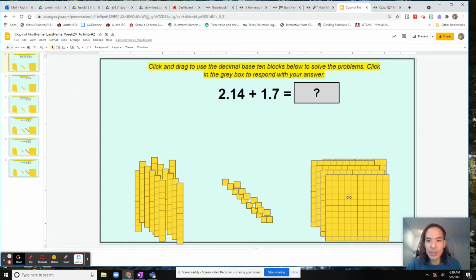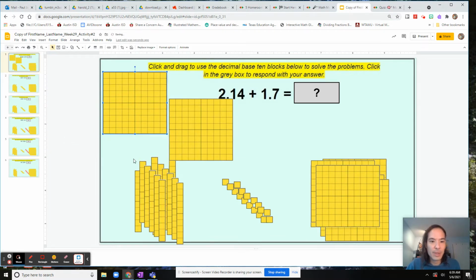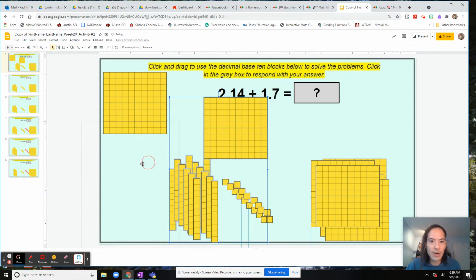2 and 14 hundredths plus 1 and 7 tenths. So we are going to go ahead and make this 2 and 14 hundredths. How can I make this so I'm not covering stuff up here? I'll just move this over here. All right, there we go.